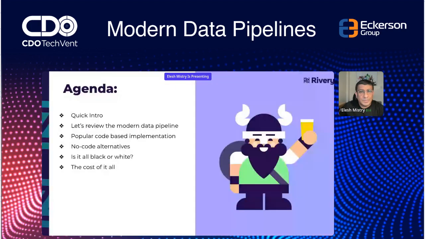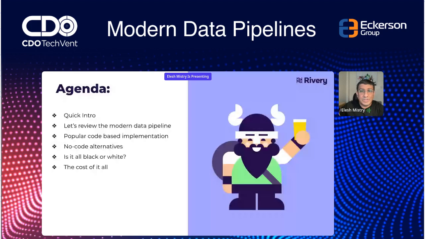So let's go to the agenda. In terms of the agenda today, we're going to do a quick short intro to what Rivery is, and then we're going to really unpack the question of whether to code or not to code. We'll also try to include a short demo of Rivery.